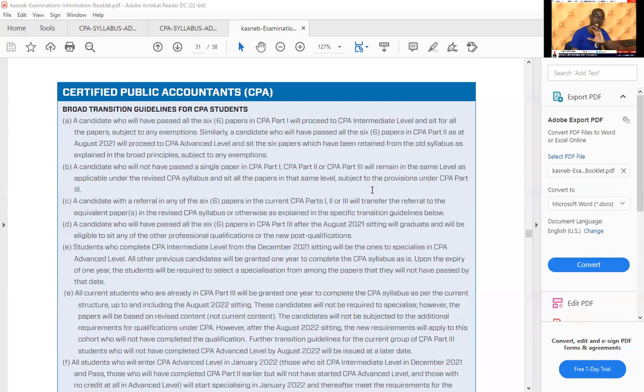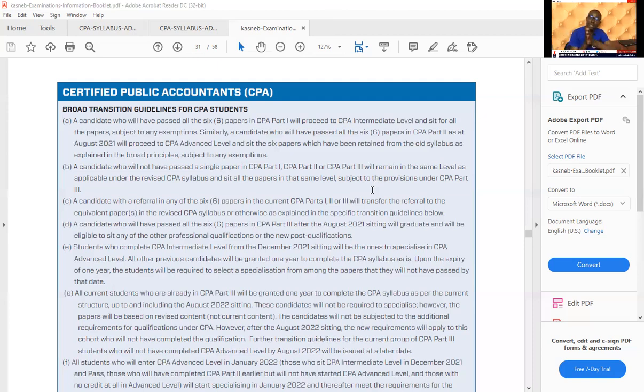So this transition guideline, my good students, is talking about assuming you did section 3 and 4, and God forbid, which at times normally tends to happen, right? And God forbid, you fail all your papers in section 3 and section 4.